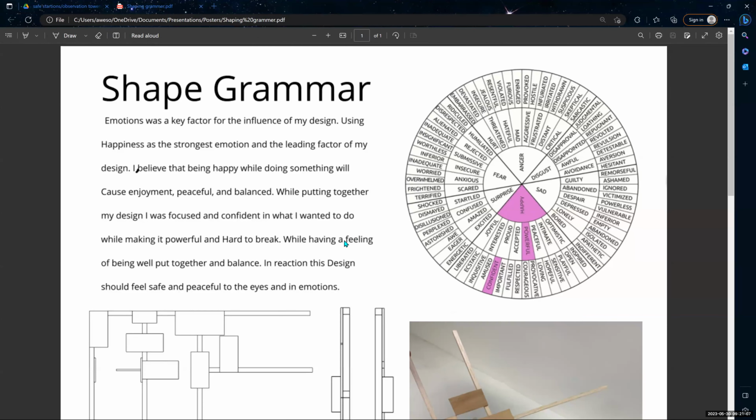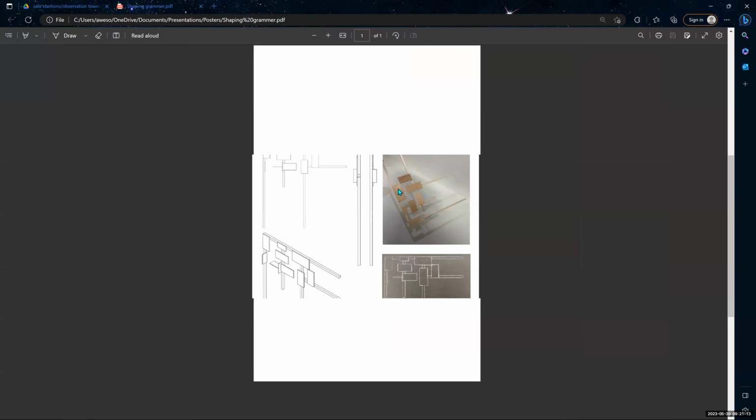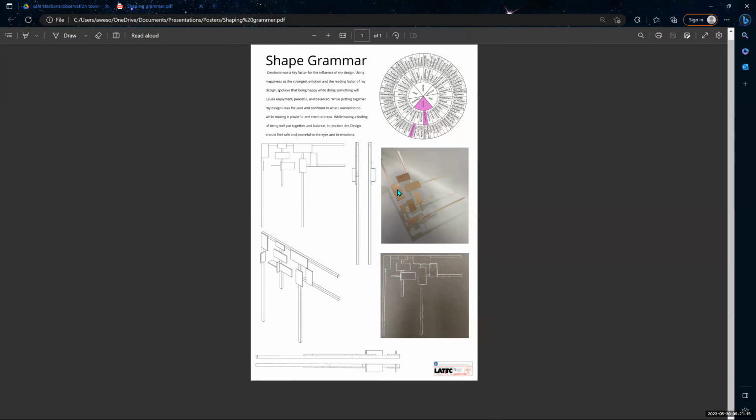Okay, let's go. This is my shape grammar poster, which I should zoom out. Okay, right here.